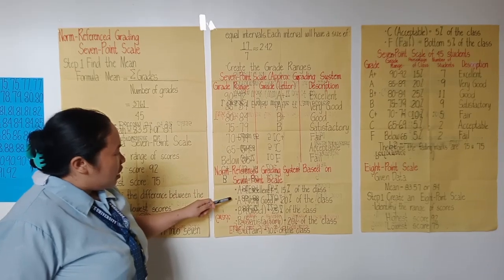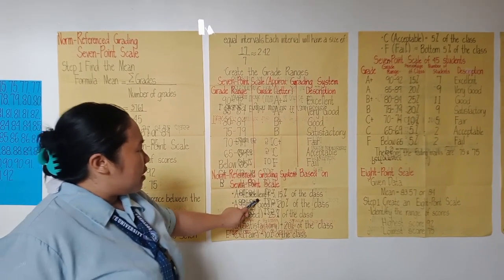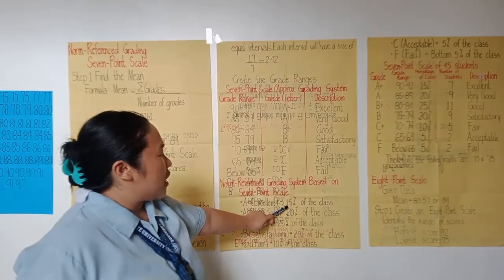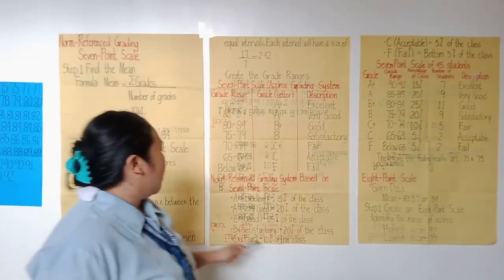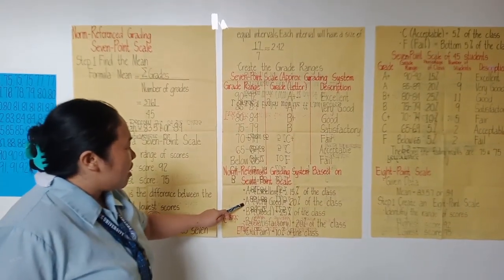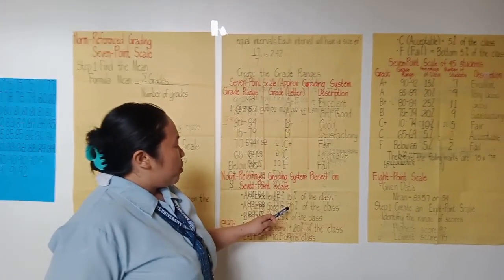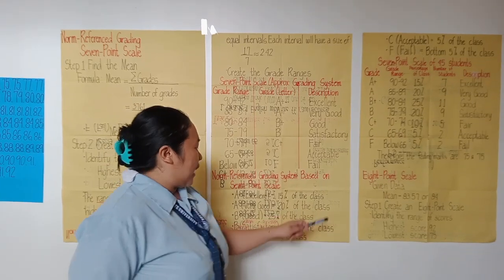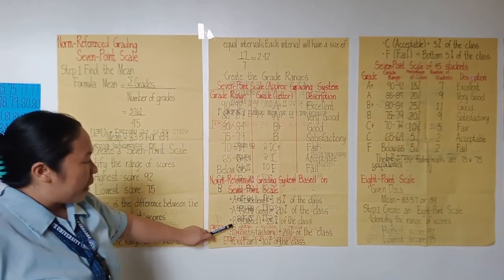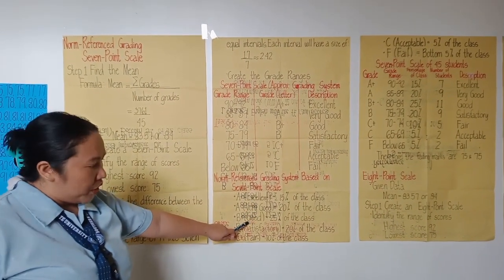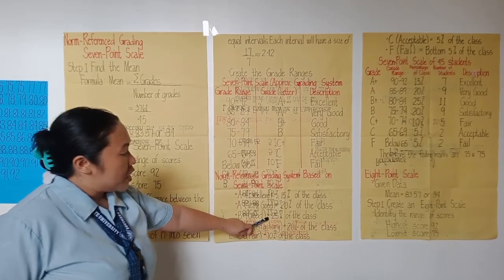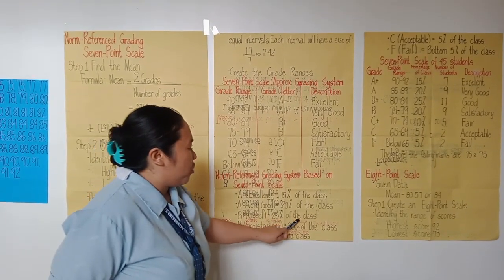So A plus or excellent, we have 15% of the class grade. Then A or very good, we have 20% of the class. And then B plus, which is good, corresponds to 25% of the class.